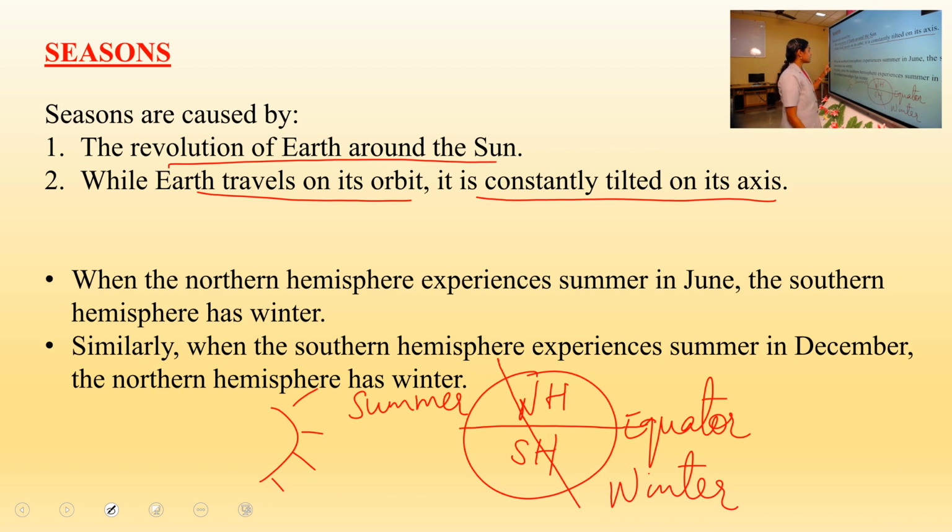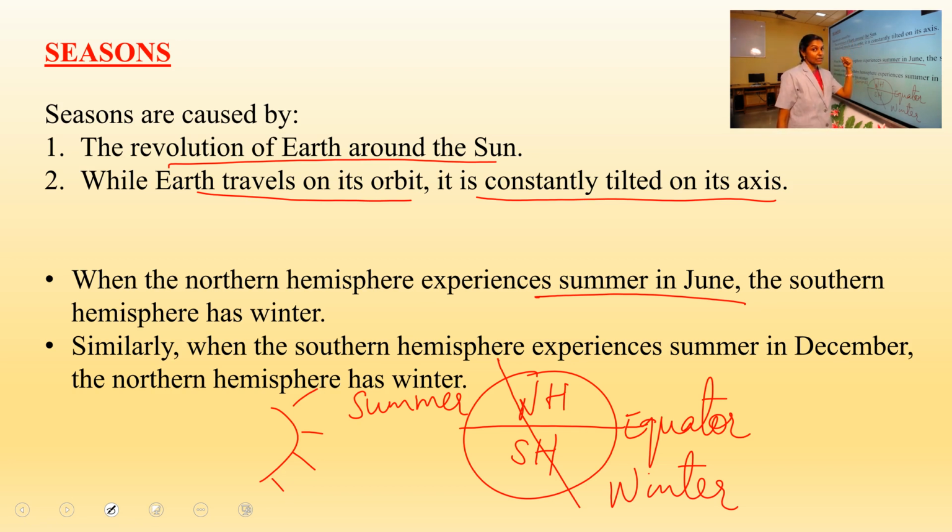When the northern hemisphere experiences summer in June, India is located in the northern hemisphere. So June is the time when it is very hot for us. Why? Because the northern hemisphere is facing the sun. So we have summer during June.